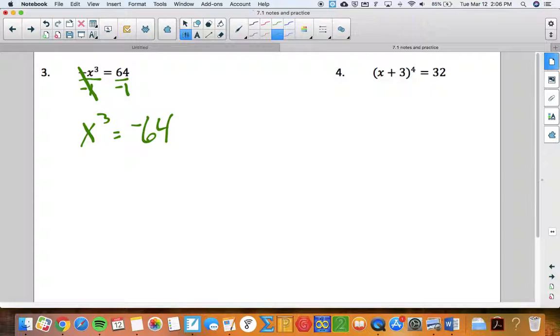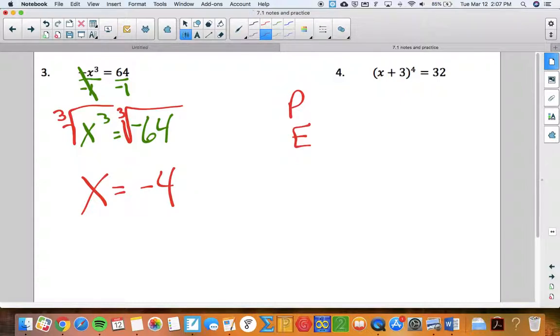So now this is x to the power of 3. I need to undo the power of 3 by taking it to the 1/3 power or the 3rd root. What I do to one side, I do to the other. So x equals, we're taking what number times itself 3 times is -64. Your 3rd root of -64 is -4.